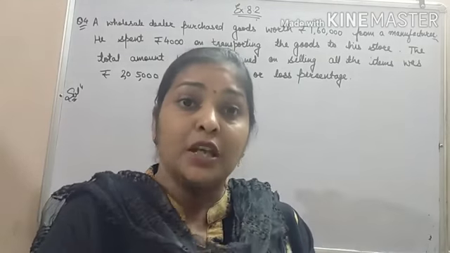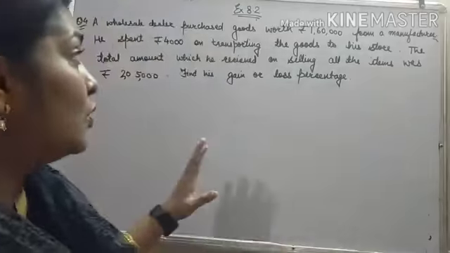Is that clear? So in this problem also it is given that a wholesale dealer purchased goods worth rupees 1,60,000 from a manufacturer. He spent rupees 4,000 on transporting the goods. See, the price was 1,60,000, but on transportation he has to spend 4,000. So what will be the CP for the wholesale dealer?